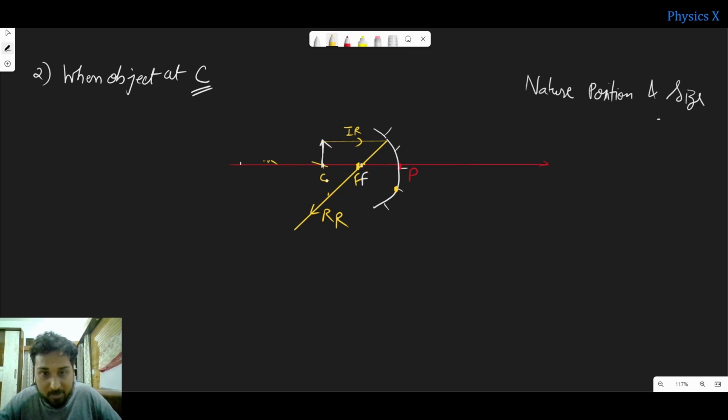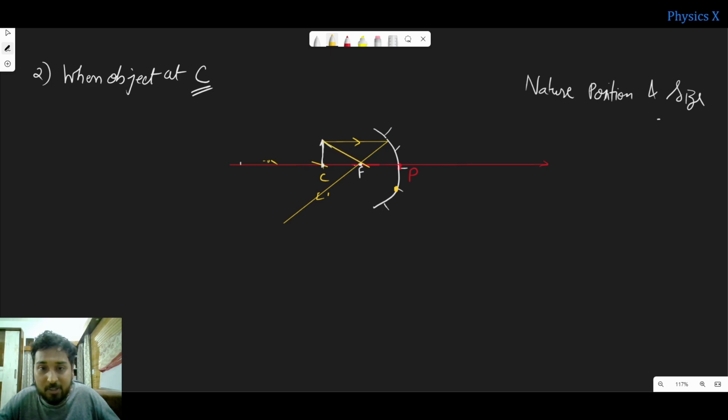This is not actually equidistant, so that is why there is some problem. Alright, so let us say here will be your focus point. And now if I make this ray parallel to the axis, it will be passing through the focus.